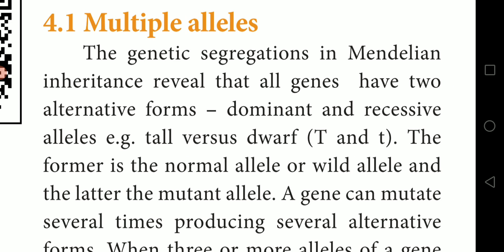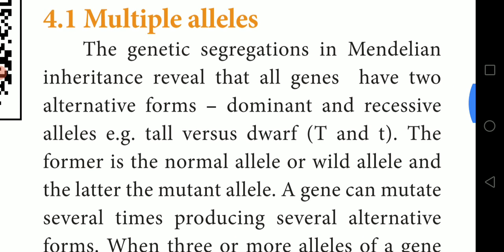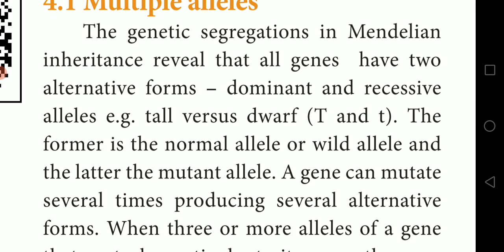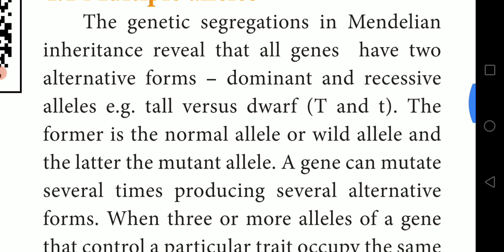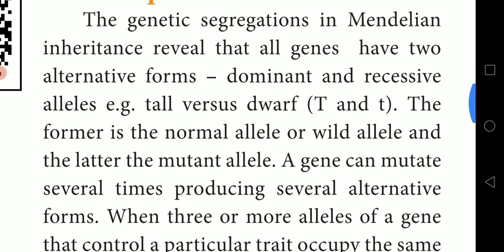In Mendelian inheritance, they found that all genes have alternate forms: one is the dominant, another one is the recessive allele.